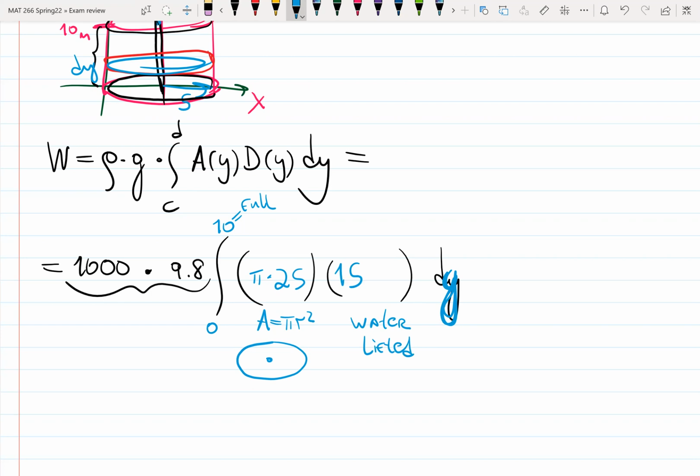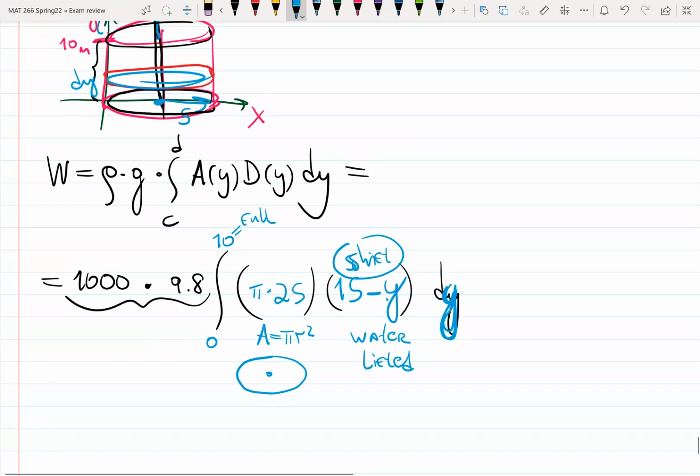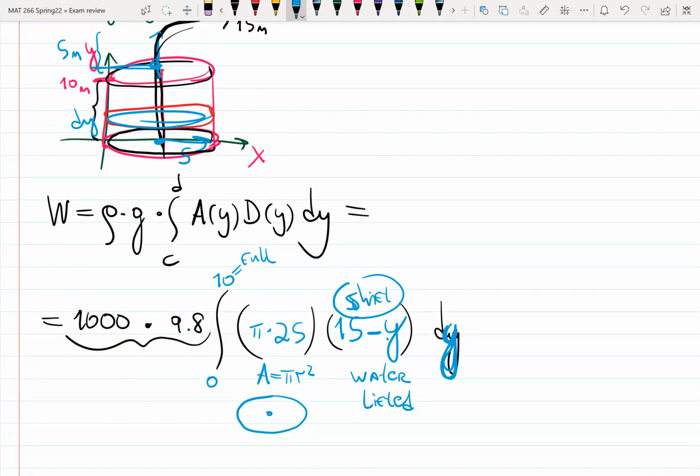That's top minus the bottom, right? Minus, and the lowest level keeps changing. That's a shift. This is your shift here. The bottom keeps changing. It starts from 0 when y is 0 and ends up being 10, the last variable. So 15 minus y. And that gives you that fountain 5 meters. So if you can build this, it's easy to integrate, and for B, just choose it from the list.